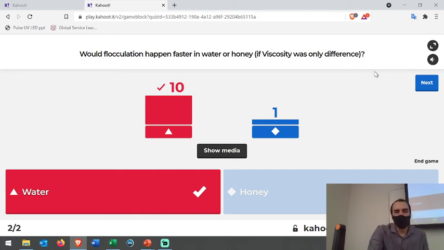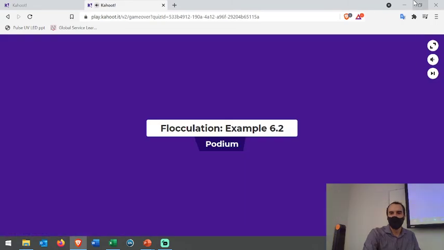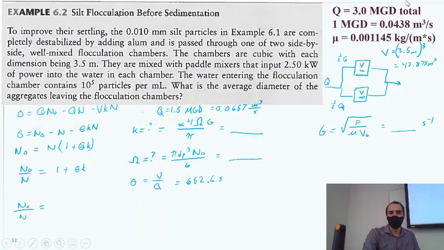As I said earlier, honey is very viscous, and if you're mixing it, you'd have to put a lot of power in to get the same stirring action. So it's going to be water where flocculation can happen faster. Given that was just 2 questions, I'm just going to treat it like a little attendance, yes or no. Were you here? Did you participate? So don't worry yourself over the grade about that.